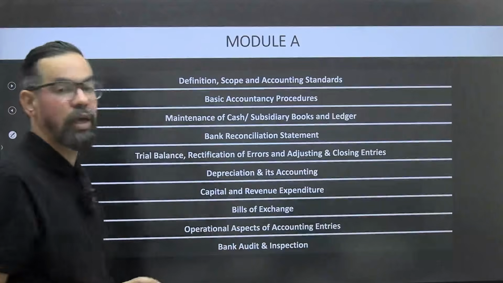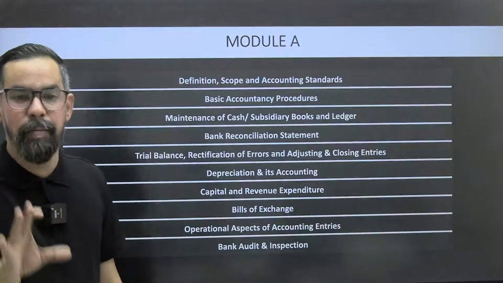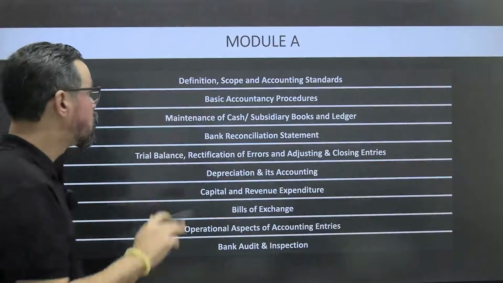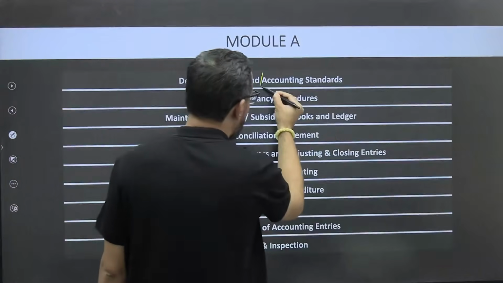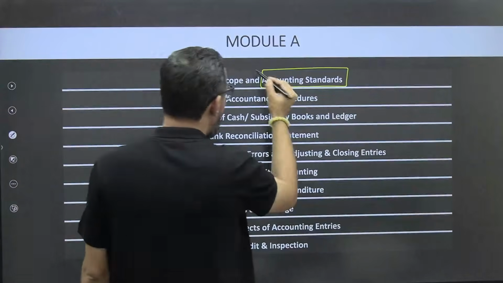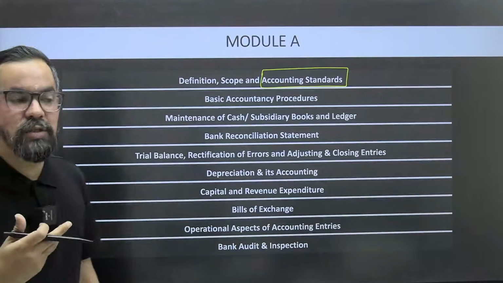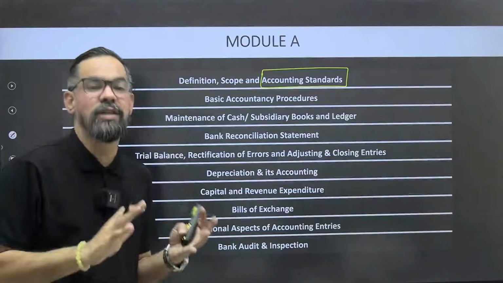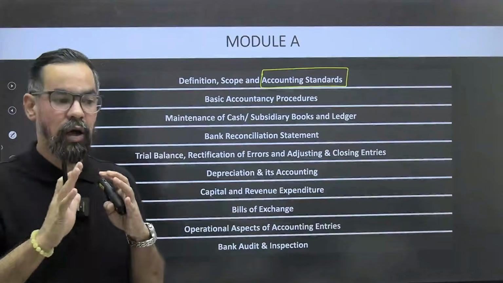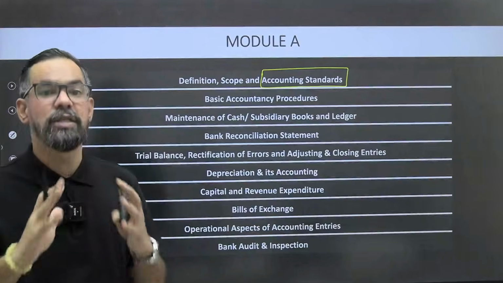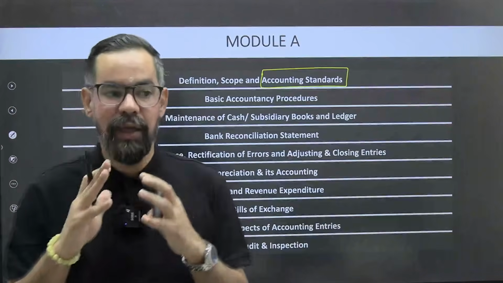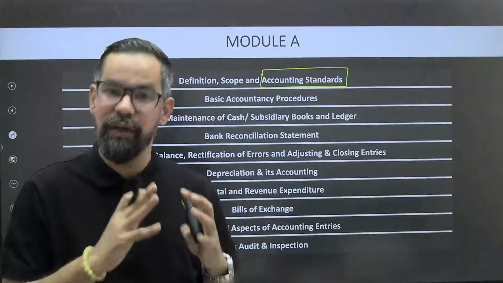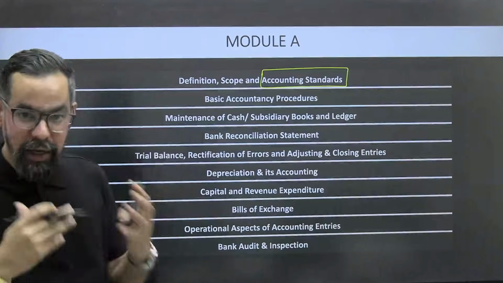We have 11 units which are generally part of this particular module. So Module A, unit first, is all about basic accounting. So what is accounting? Accounting versus bookkeeping, the overall accounting process, and your accounting standards, GAAP and IFRS, the Indian accounting standards.